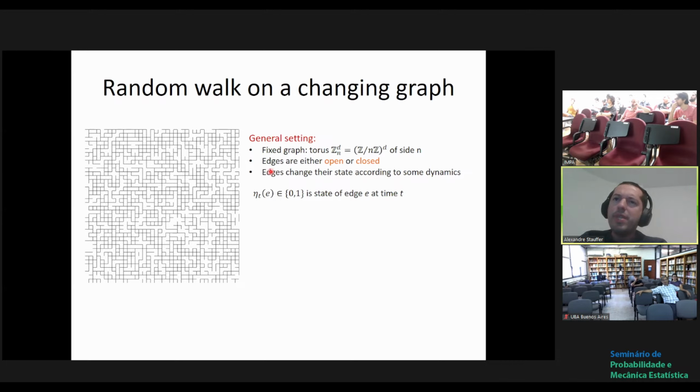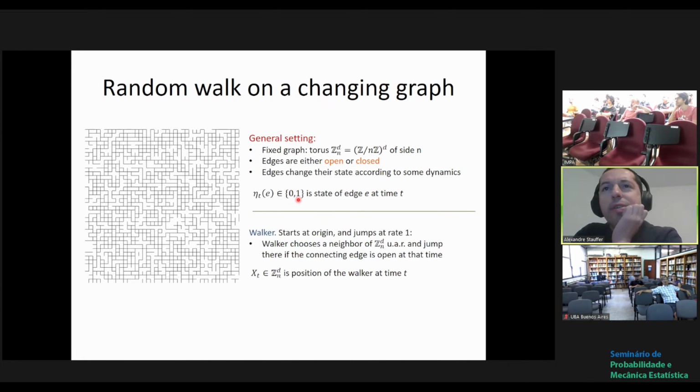And we denote by eta_t(e), which is either 0 if the edge e is closed at time t, or 1 if the edge e is open at time t. Okay, so it's a bit of a general model.